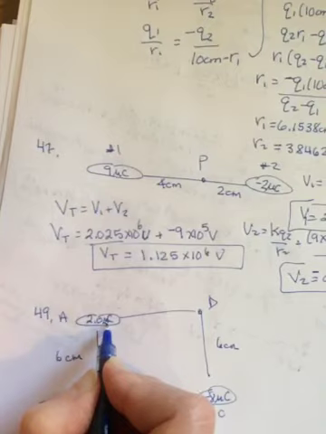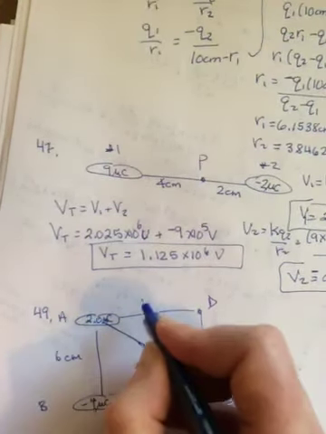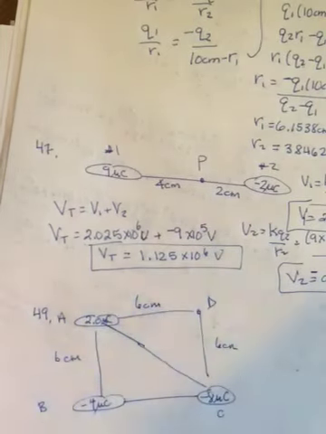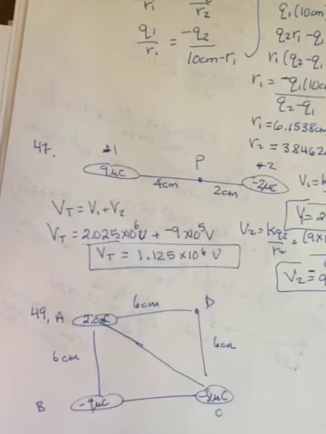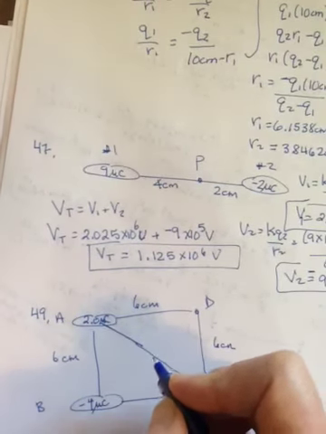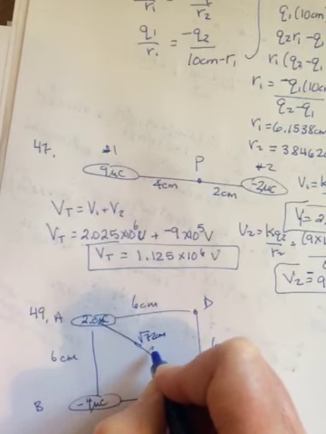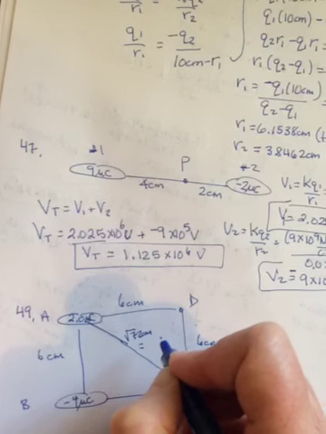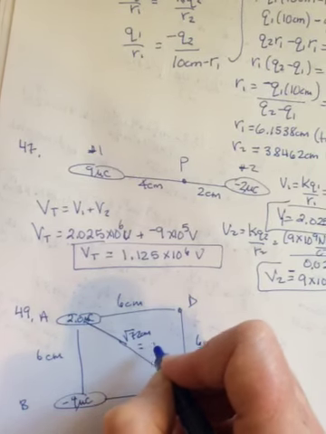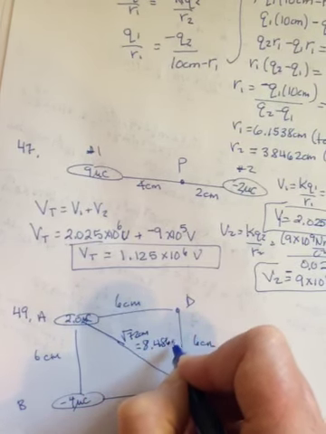And so there's a diagonal here. And we could find that diagonal, right? 6 squared plus 6 squared, so 72. So the square root of 72 centimeters, which would be 8 point something, 8.486 centimeters.